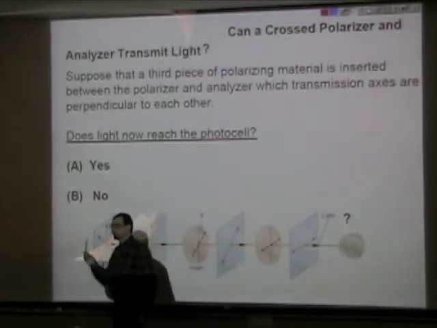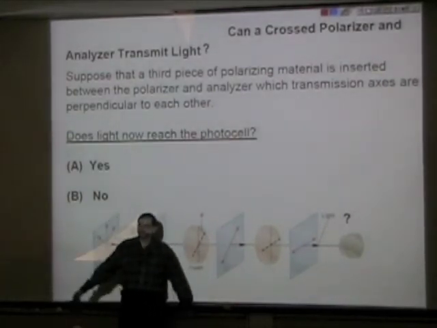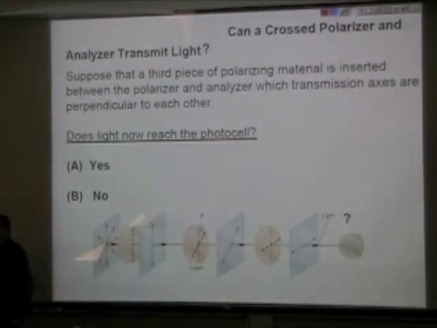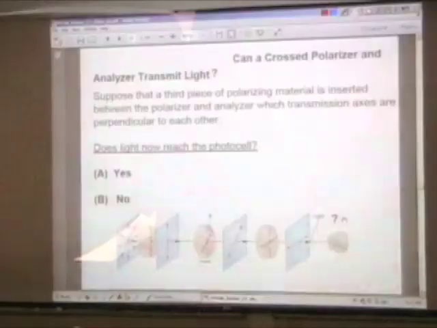The question is, if I take this polarizer and place it in between, is there going to be some light traveling through this set of 3 polarizers? Well, you think about it, and I give it one more try.